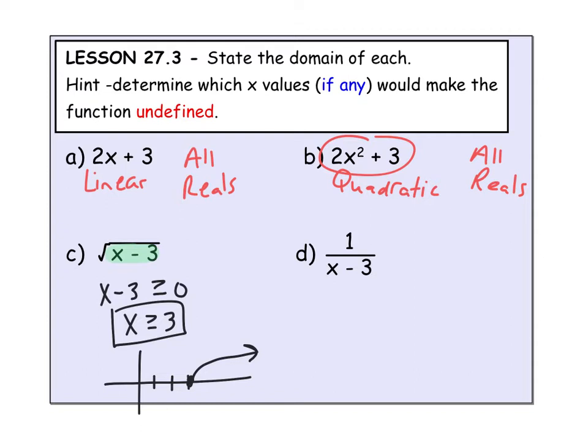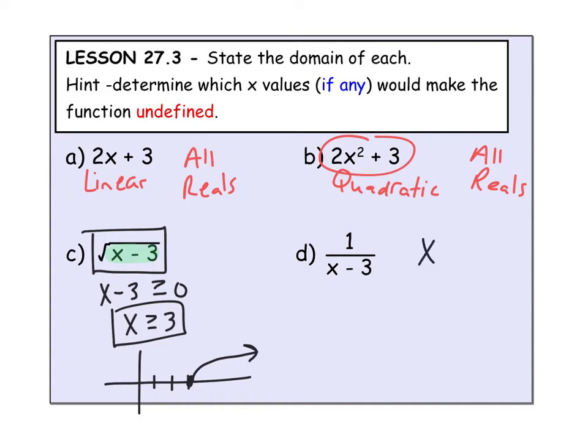Our new function that we just started on, the rational functions, has a variable in the denominator, and this introduces another way of making something undefined. Two of the big ways are having negatives under square roots, which we saw before, and now we can never have a 0 in the denominator of a fraction, right? You cannot divide by 0.